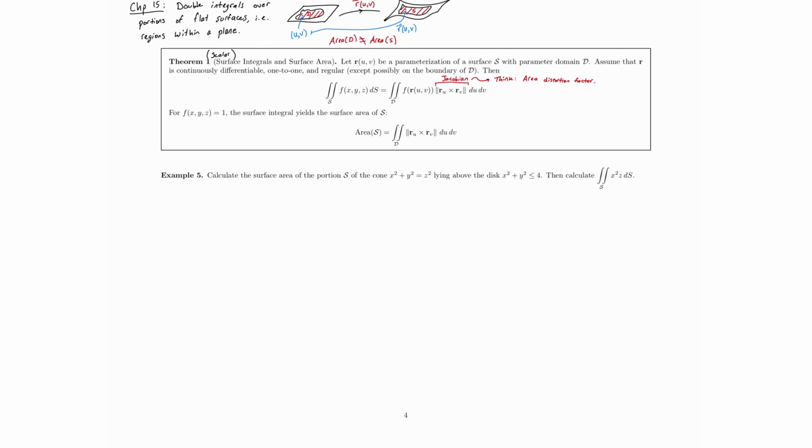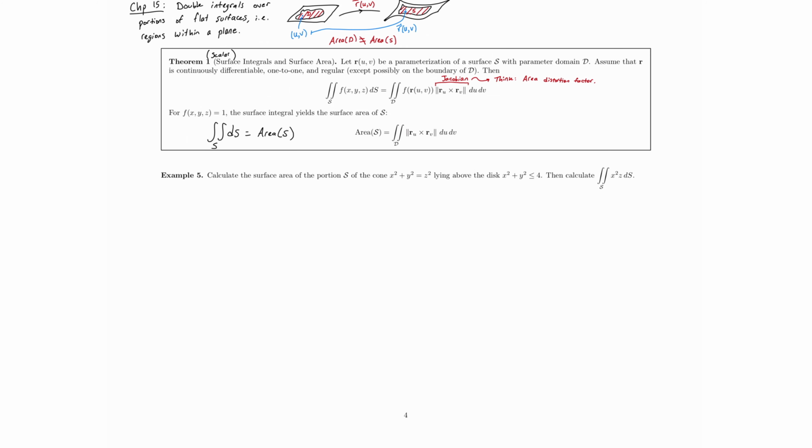So if you do the double integral over a surface S of dS, here I'm not writing it, but really the function is 1. 1 dS is just dS. We don't need to write the 1 explicitly. This will give you the area of S, so the surface area.